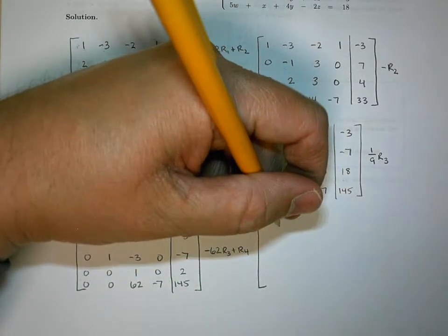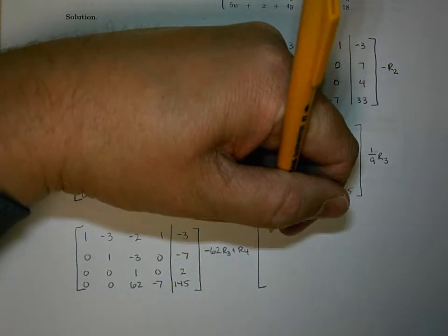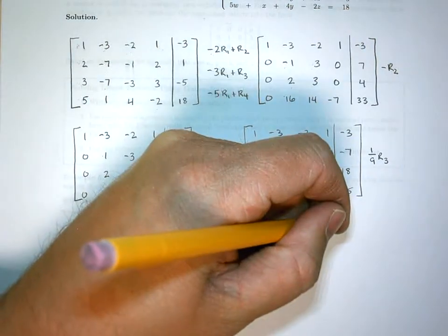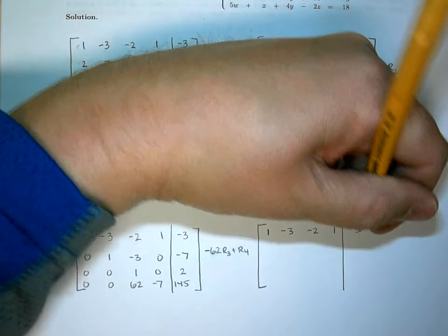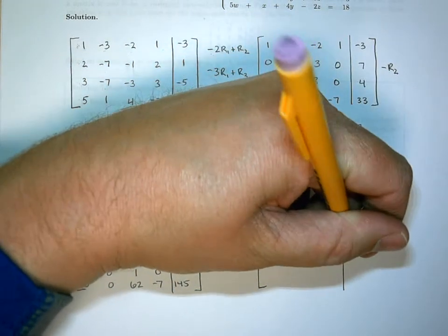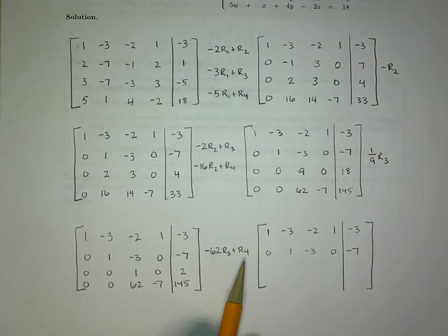Rows 1 and 2, not mentioned here, so I'm just going to rewrite them. Row 3 is used to change row 4, so I'm just going to rewrite row 3.